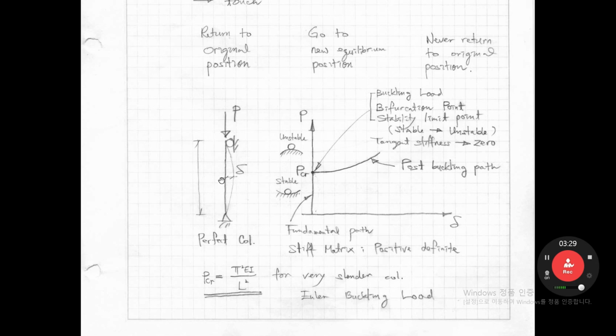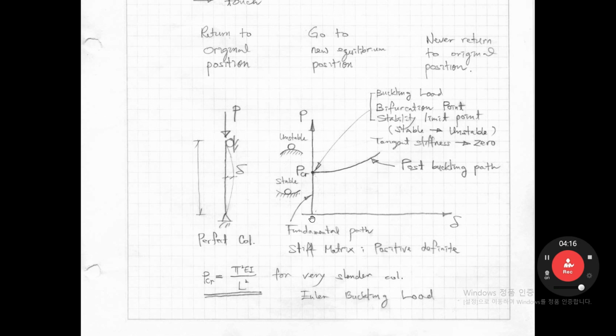If we apply the loading and it is small, then there is no displacement, and the loading goes up. But when this loading reaches a specific point, this column suddenly buckles like that. So lateral displacement suddenly increases like this. This curve can be seen in a perfect column.